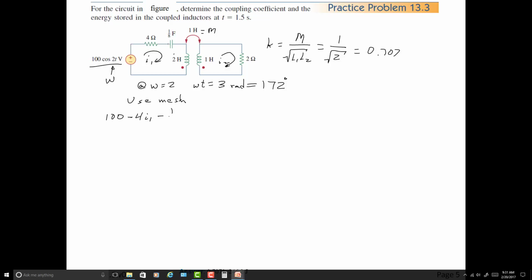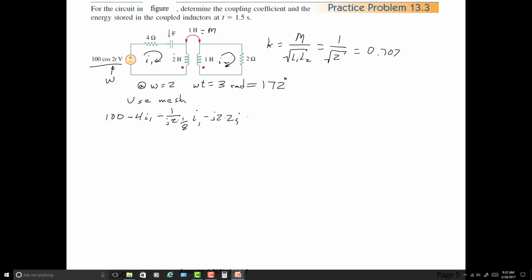I got 1 over j omega was 2 times our capacitance, which is 1/8 I1. And then I have the 2 Henry. So that's going to experience I1. This will be j omega is 2 times 2 Henrys, I1.